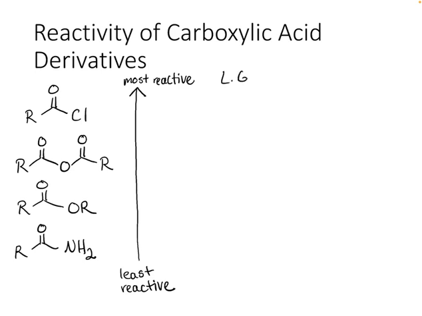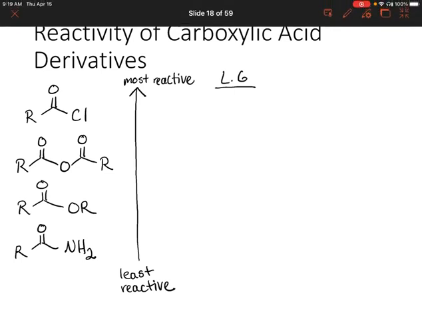So let's list the leaving group. And we'll also highlight the leaving group as well. So on our acyl halide, that would be the chlorine or the halide. So that could also be bromine. On the anhydride, that would be one of the groups. It could be left or right, but we'll just highlight the one on the right.